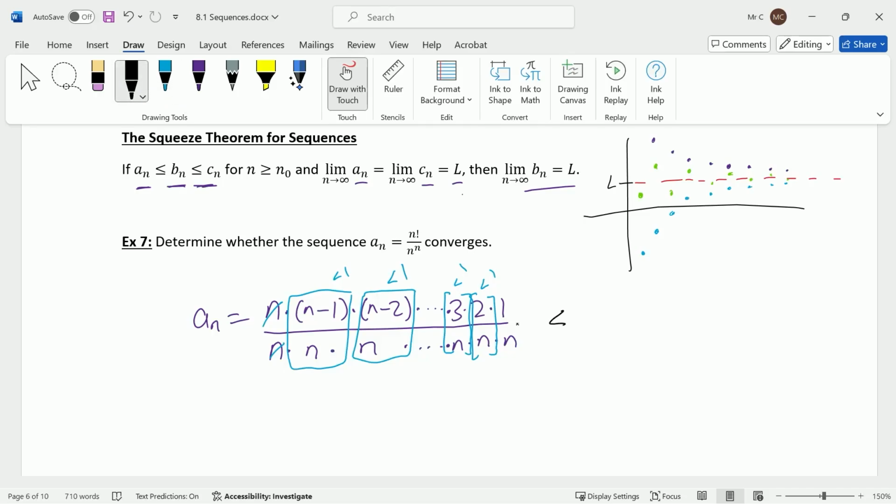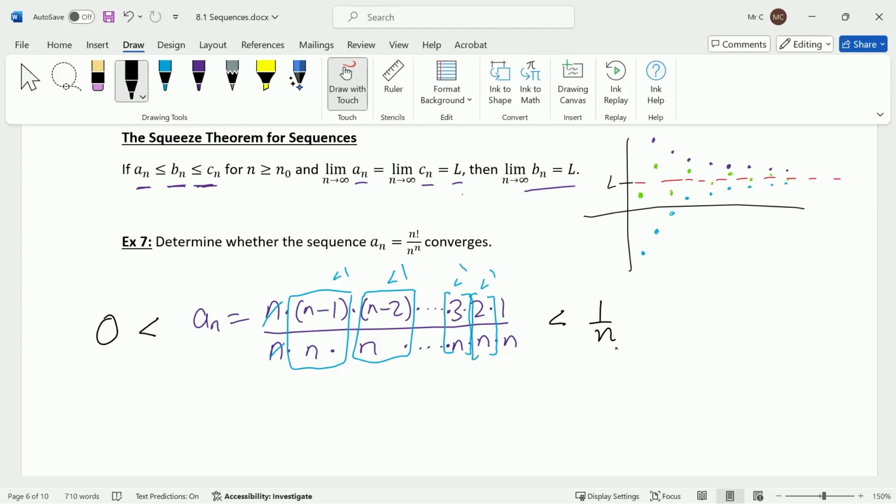So this whole term is less than 1 times 1 over n. So I've left this 1 over n at the end. The whole thing is less than 1 over n. But also, all of these values for n are positive, so this whole thing is greater than 0.